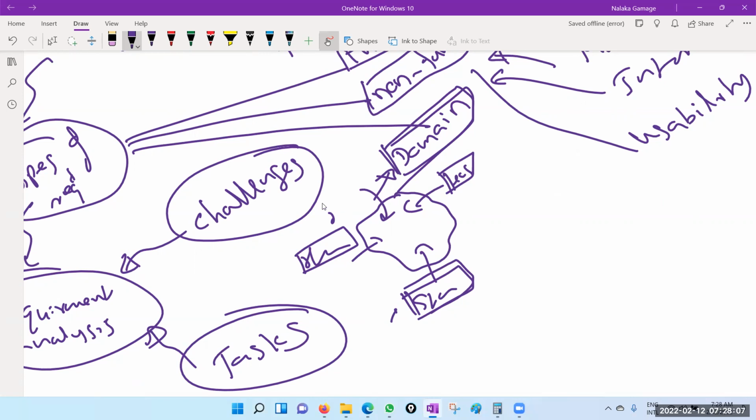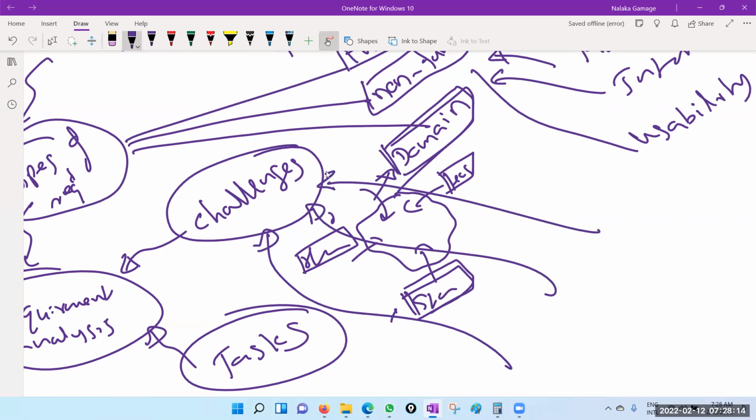So what are the challenges we have when it comes to requirement analysis tasks? Of course, the first challenge is these requirements can be complex.